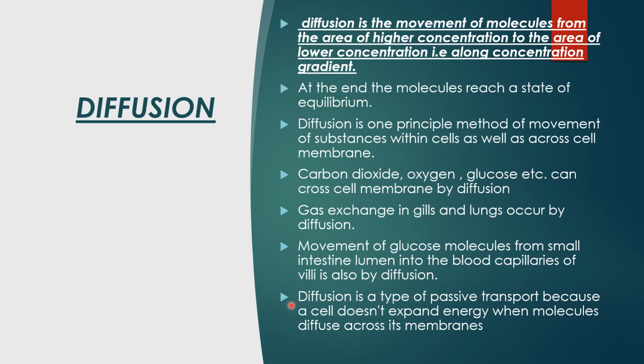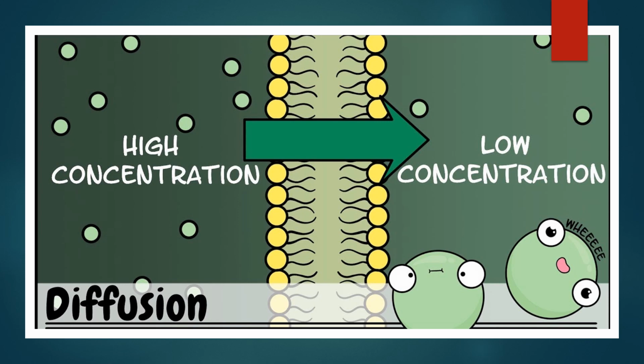Diffusion is a type of passive transport because a cell does not expend energy when molecules diffuse across its membrane. In this picture, you can see that the molecules are moving from higher concentration to lower concentration. This is diffusion.